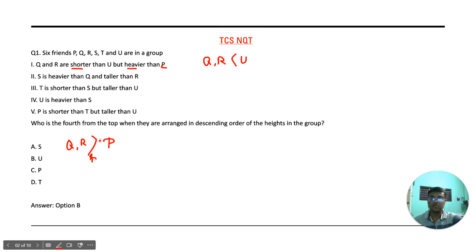We'll be using this notation for the heavier for weight and this notation for height.